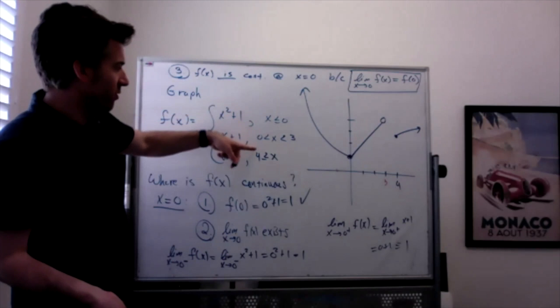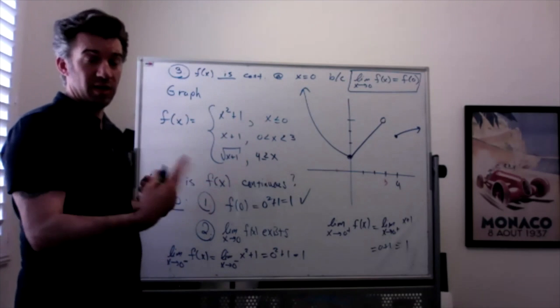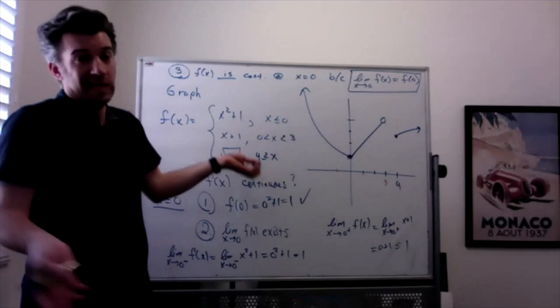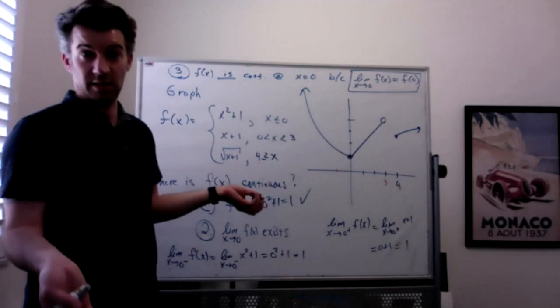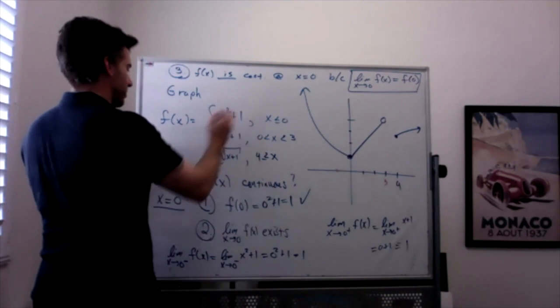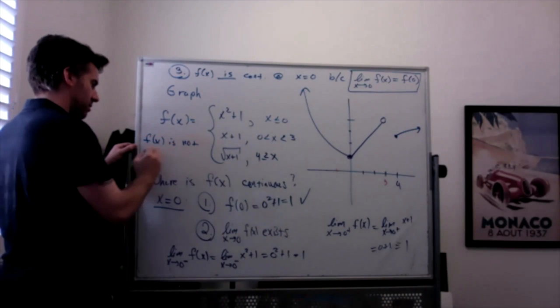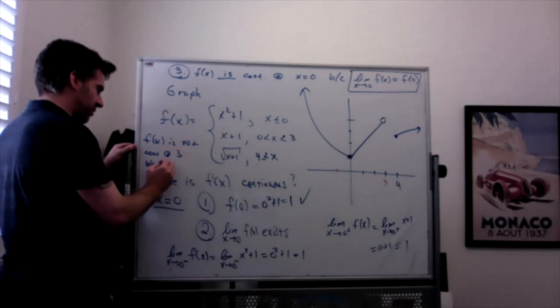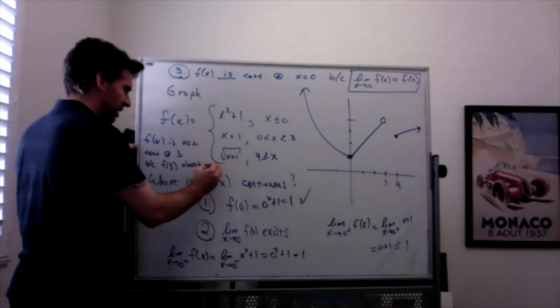None of these intervals have x equal to 3. And so if that number isn't included in one of the intervals in your piecewise function, it can't be continuous there because it doesn't exist there. So if we wrote it like this, we would say, oh, f of x is not continuous at 3 because f of 3 doesn't even exist. Is that kind of what you mean?